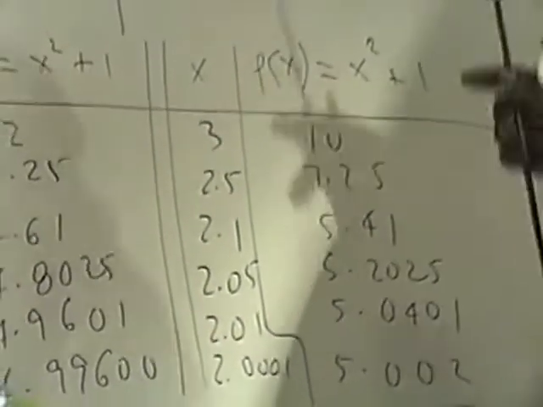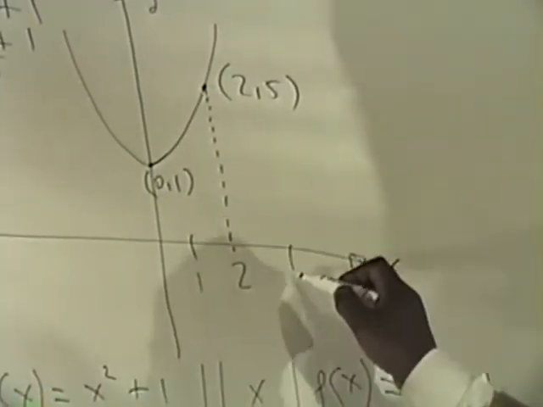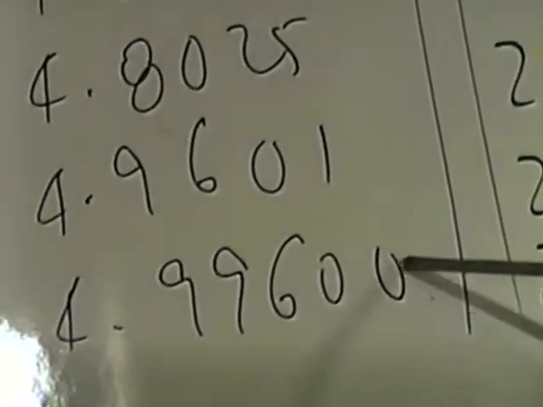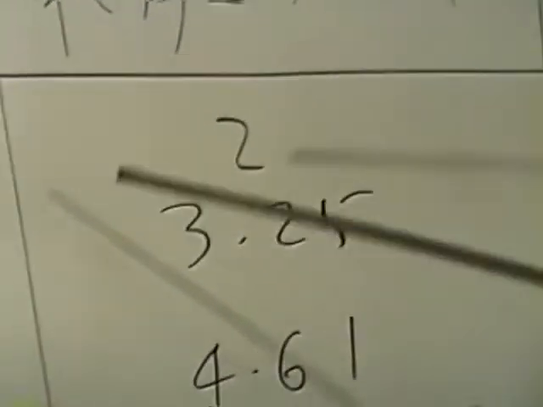Again, I repeat my question. What will happen to f(x) when x moves closer to 2?